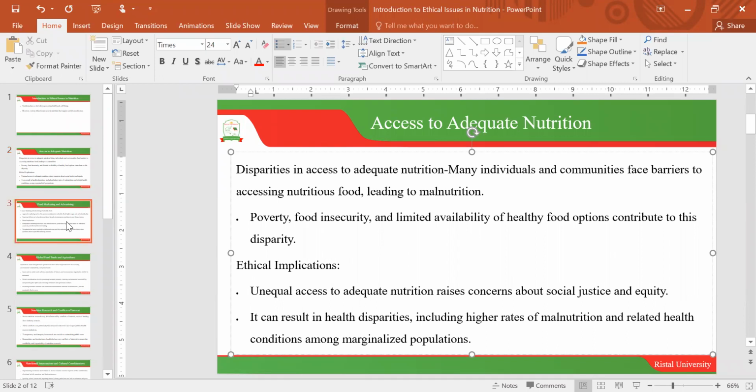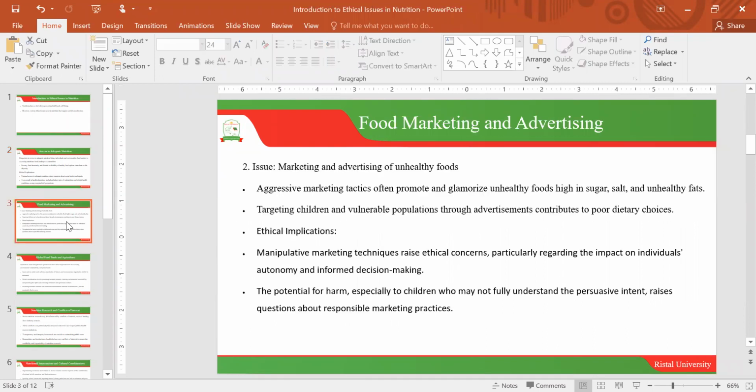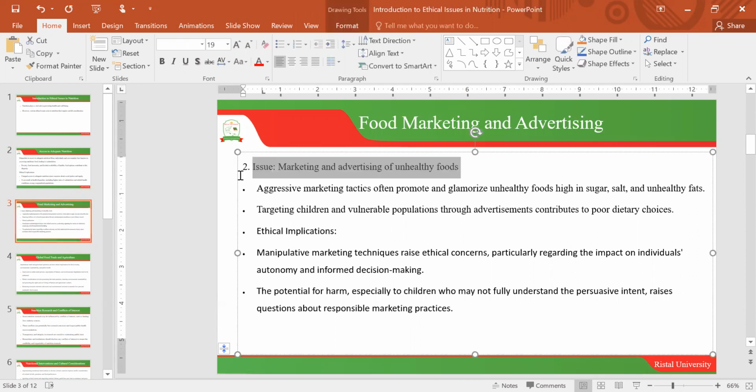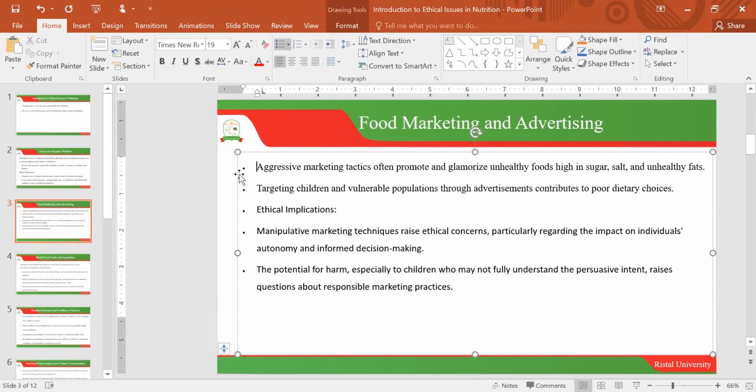So we move to the next point. You often go to the markets and you see that the foods are displayed in an attractive manner. Okay, the foods are well displayed, and especially in the supermarkets.